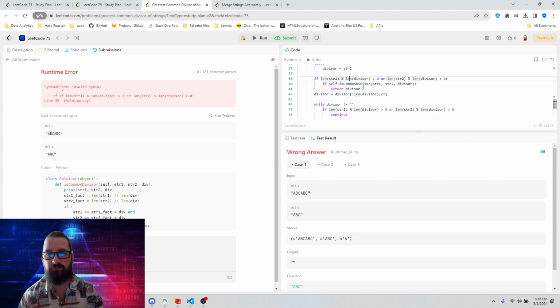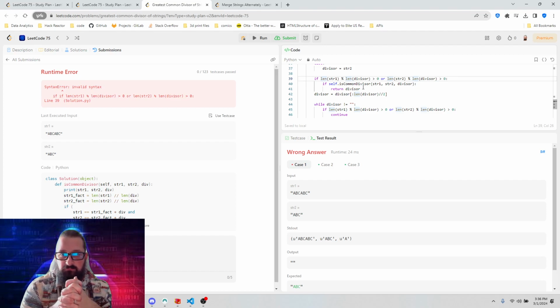Maybe there's something wrong in this. Okay, so modulo divide string 1 and string 2. The length of string 1 and the length of string 2 against the divisor.